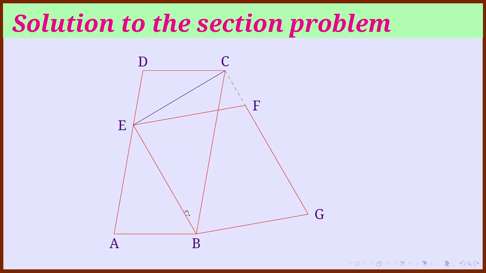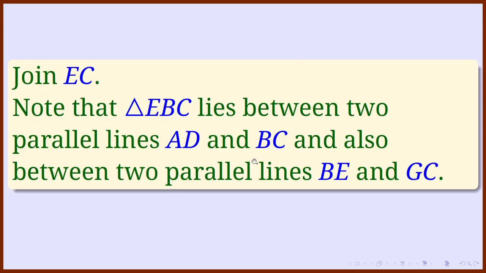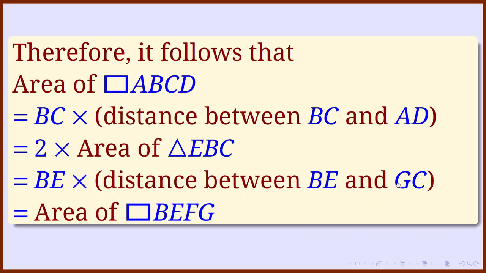Now BE is the base and this is the altitude. So BE into this distance is actually equal to the area of the other parallelogram BEFG. Therefore, these two areas are the same.